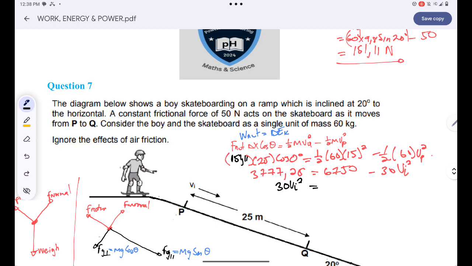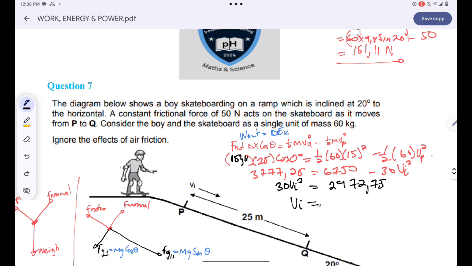And then on the left hand side, I'll have 6750 minus 3777.25. This will give me 2972.75. Whenever I divide both sides by 30, what do I get?